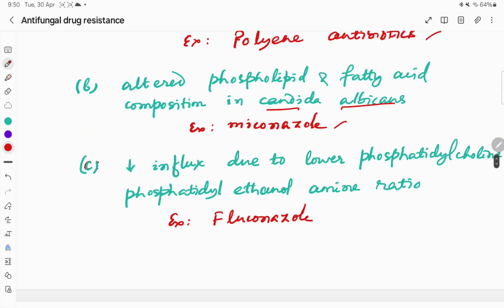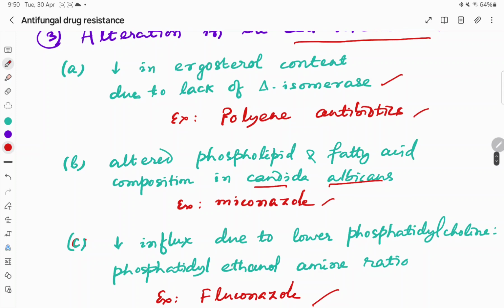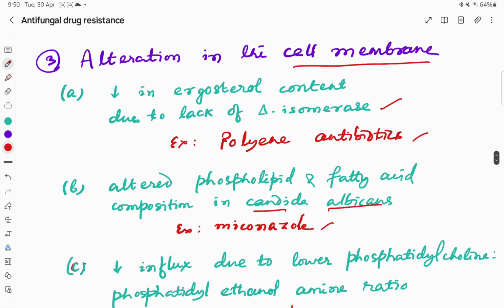Decreased influx due to lower phosphatidyl choline to phosphatidyl ethanolamine ratio is the cause of fluconazole resistance. So altered cell membrane permeability causes the resistance to the azoles and polyene antibiotics.